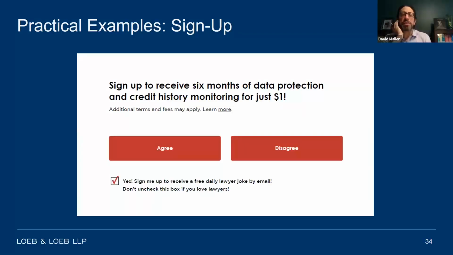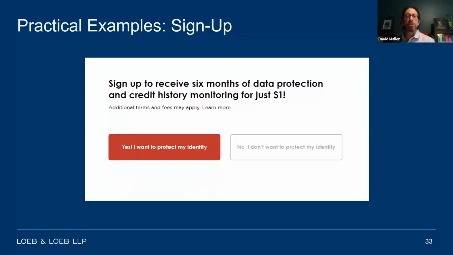And on that one, Jason, I think to the extent that there's going to be enforcement risk, it's also going to have a lot to do with what those terms and fees are, right? Because it says additional terms and fees may apply, learn more. Okay, that's sort of on the line right there, right? But if those fees are extensive and I'm being pushed in a certain direction, that's where things are going to come together and create risk.